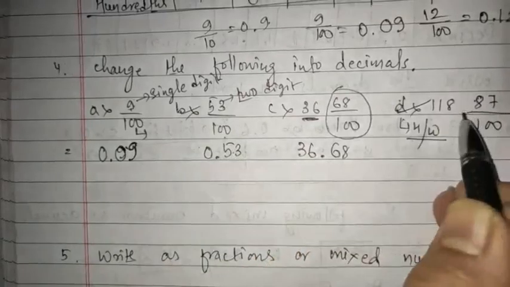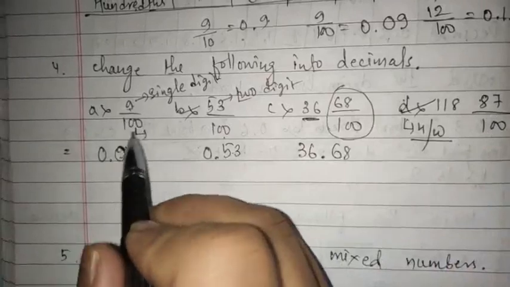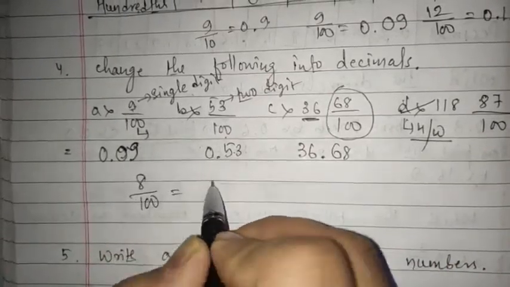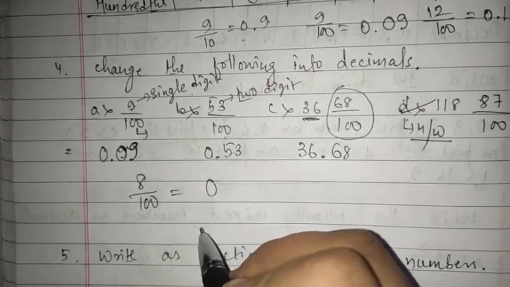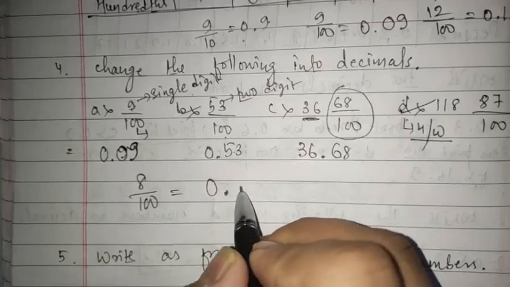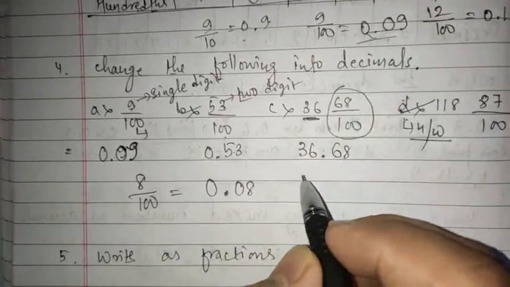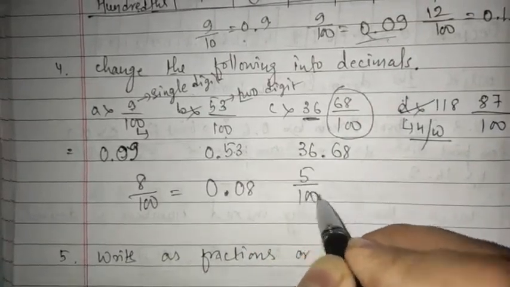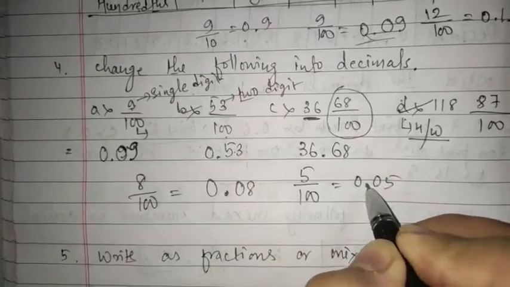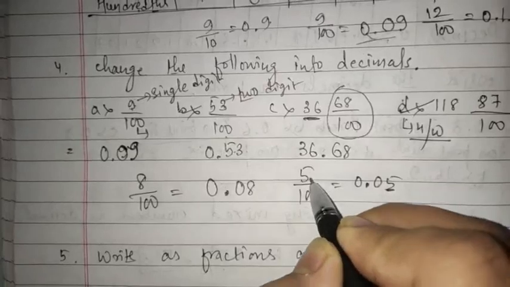Similarly here, 118.87. But if you have a single-digit number, say 8 by 100, you put 0. It's not mandatory, you may directly use the decimal point, then 08, like I explained earlier. Likewise, if you have 5 by 100, you write 0.05: after the decimal point there should be a 0, then the number given in the numerator.